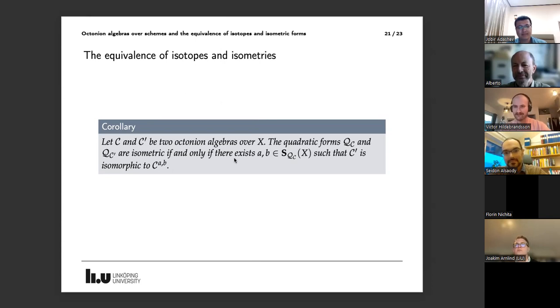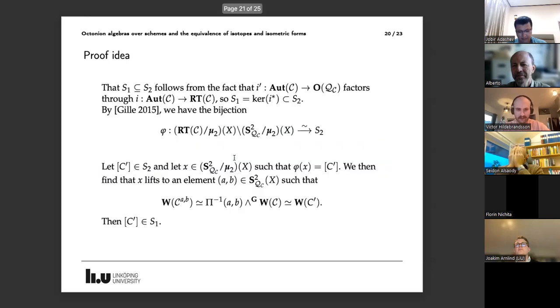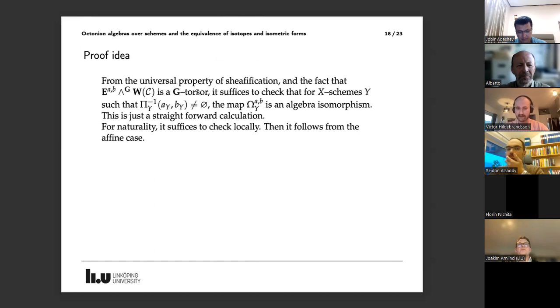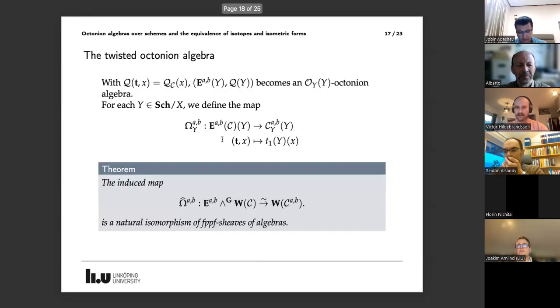I will just think out loud here, but these algebraic techniques, the things I mainly used are these torsors, which for one example made this theorem easier, because this G-torsor part made it so that we can only look at schemes Y such that this thing holds, which was exactly what's needed to show that this map is surjective.